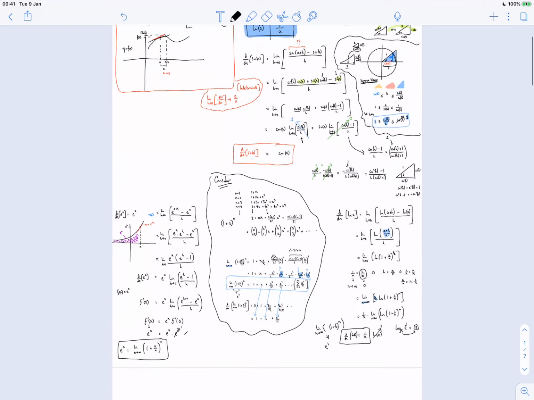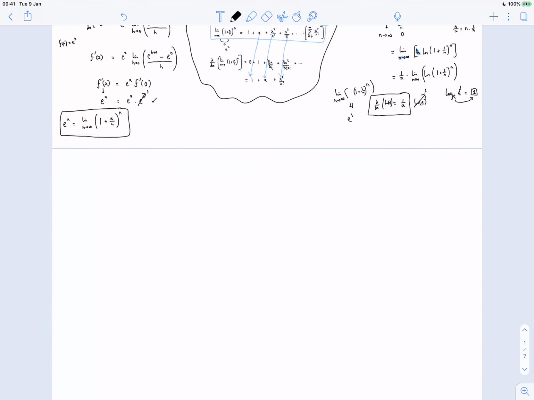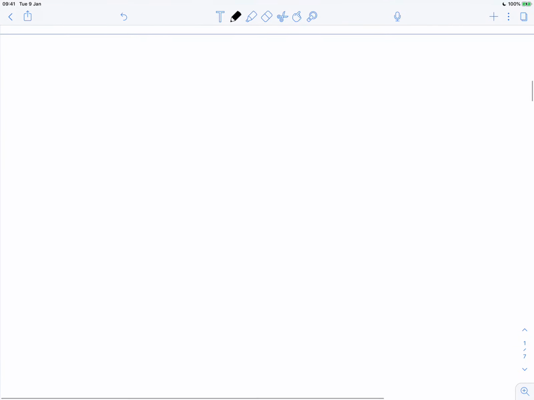Right, now the techniques of differentiation. Okay, now there's a couple. The first one I want to get on board is the chain rule of differentiation. And so I want to get your head around this kind of concept.